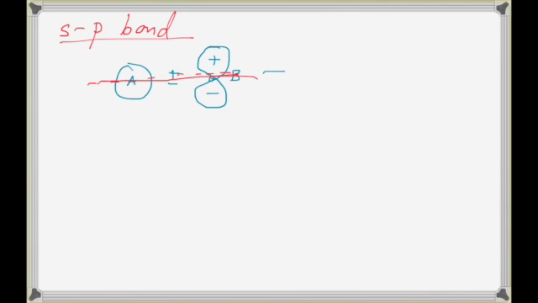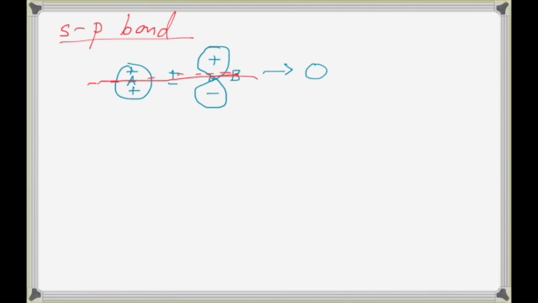You can just ignore the sign, just don't worry about it. Is there a positive part on the S orbital? It's all positive. Positive definite. Everywhere positive. Spherically symmetric. So this is positive everywhere.